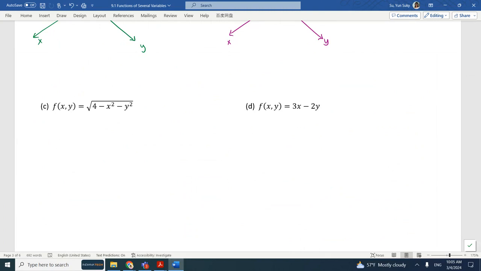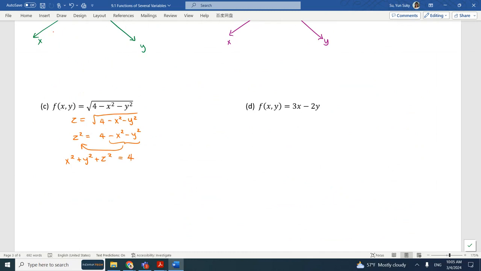Okay, part C. And so this means z equals square root of 4 minus x squared minus y squared. So if you see square root of a constant minus x squared minus y squared, the trick is square both sides. And move the x and y to the left, you get x squared plus y squared plus z squared is 4.